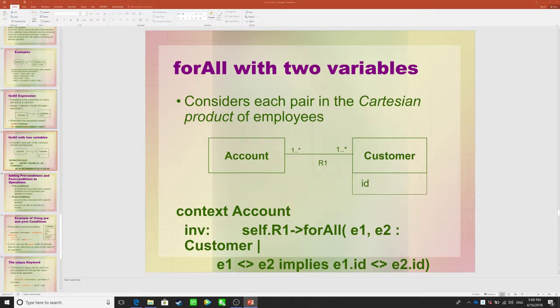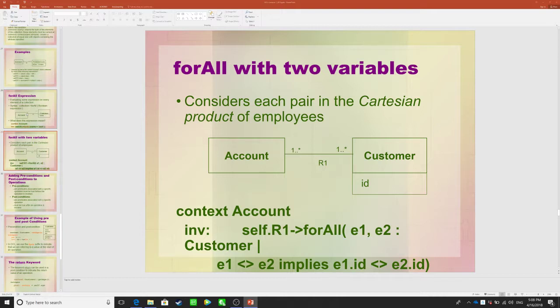That context is Account, and self.R1 forAll E1, E2 which are customers: E1 equals E2 implies E1.ID equals E2.ID.